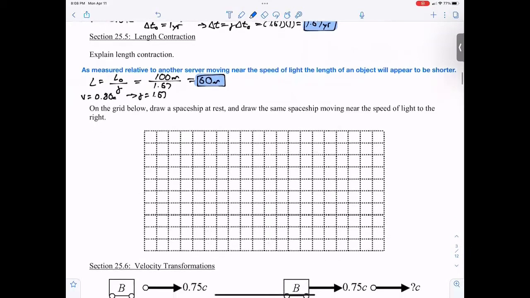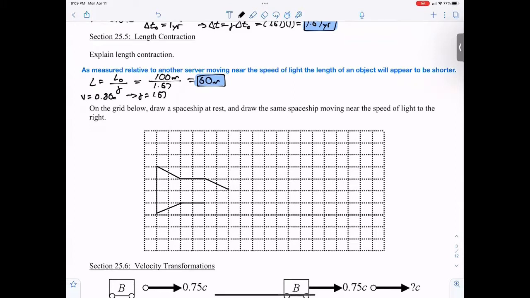All right, so on the grid below, draw a spaceship at rest, and draw the same spaceship moving near the speed of light. Let me draw the spaceship like this. We'll have the tail part of it 2 units long, the body of it 2 units long, and the nose of it also 2 units long.